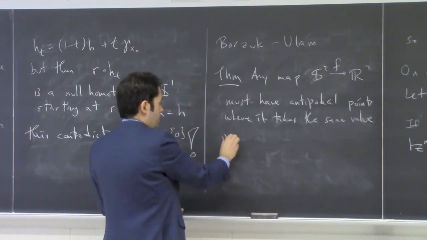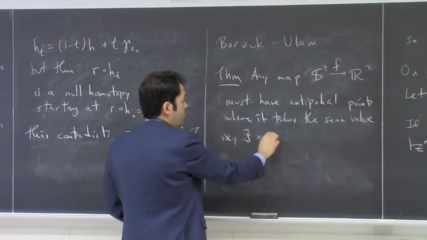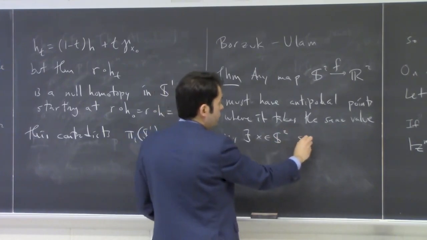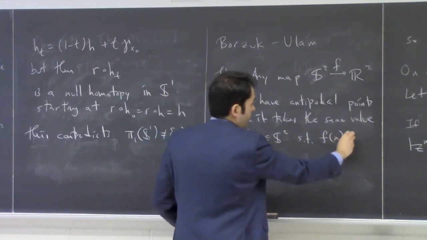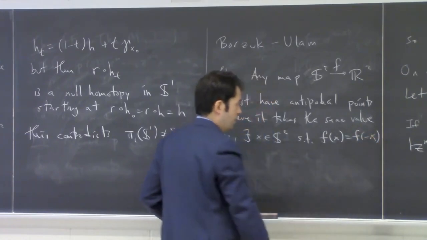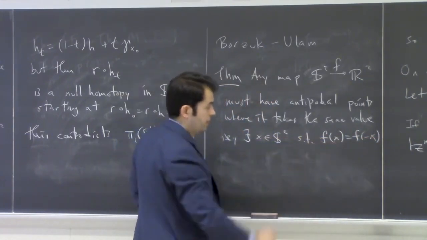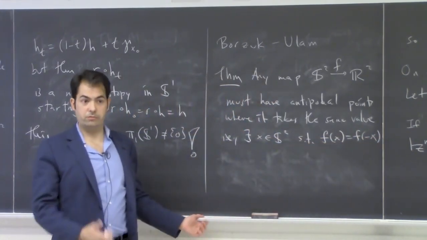That is, there exists some point x in S2 such that f of x is the same as f of minus x. We're putting S2 inside R3 so that we can use vectors to reflect.